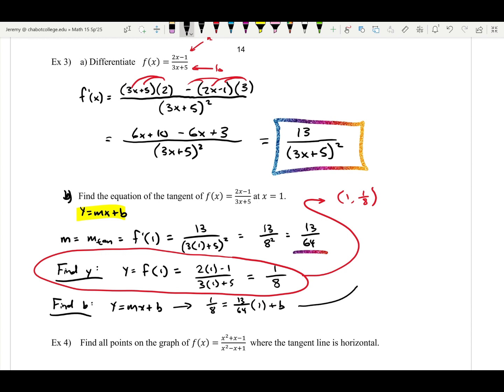Okay, and then here, maybe I'll keep working over here. I'm going to rewrite that 1/8 as 8/64, just because I know I'm going to have to do some subtraction of fractions here, so I'll just get common denominators in anticipation of that. So I'll subtract 13/64 from both sides.